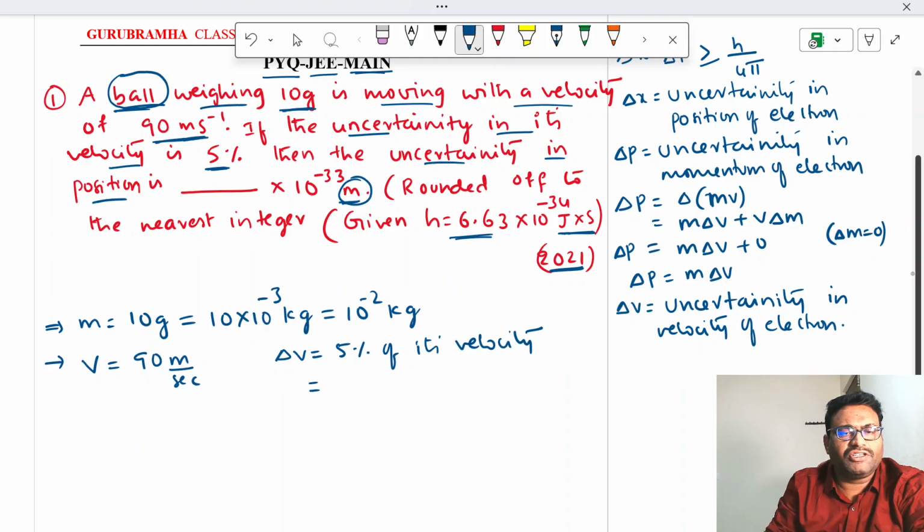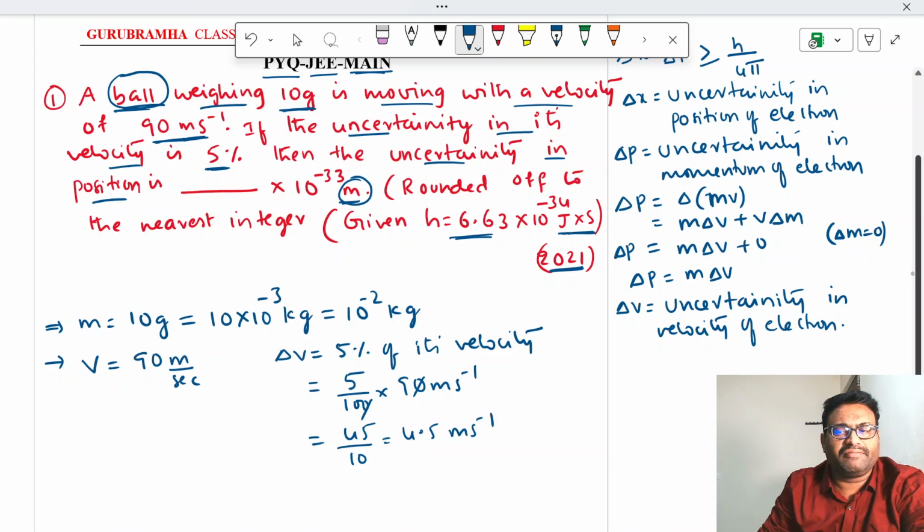So what do you write? 5% means 5 by 100 into its velocity, which is already given as 90 meters per second. That is equal to 9 5s are 45, 45 by 10 gives you 4.5 meters per second.